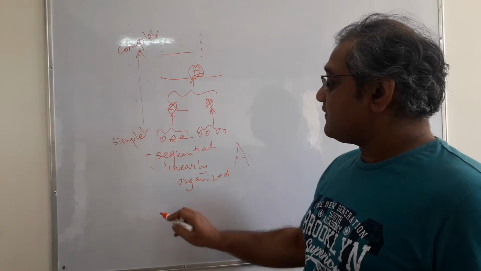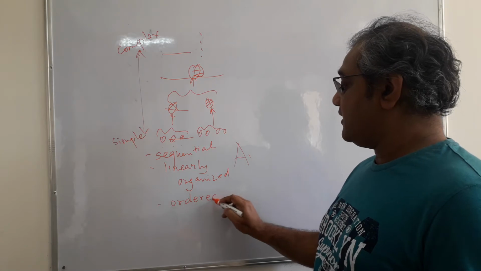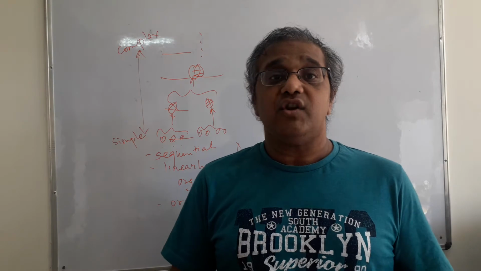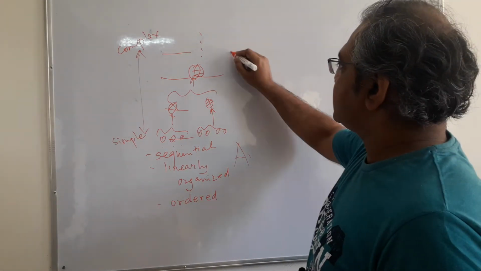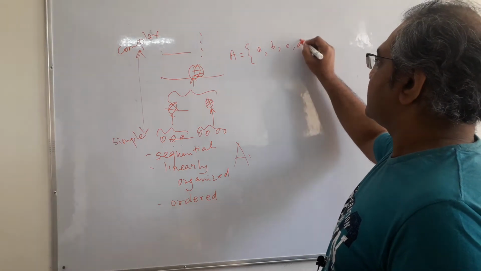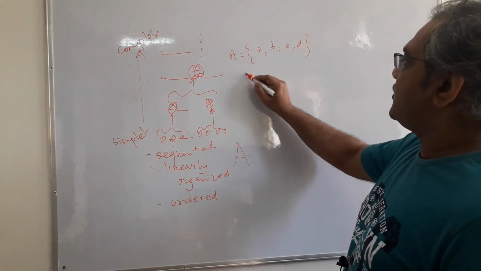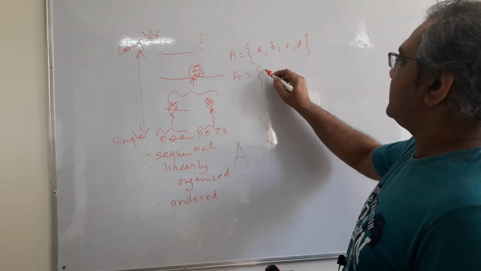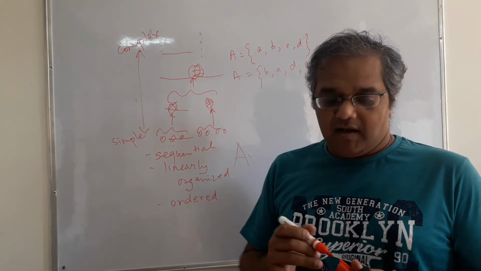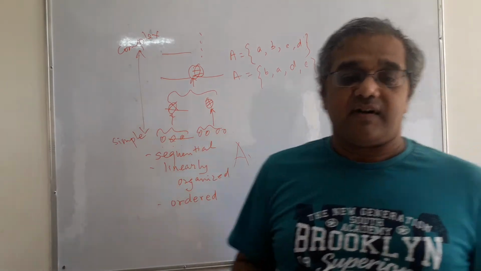Another important fact, which we'll come to, is that they may or may not be in a particular order depending on what we are looking at. If you have a set, say A, it does not really make a difference in the order in which you list the elements. Whether that is true in the case of language is for us to see a little later.